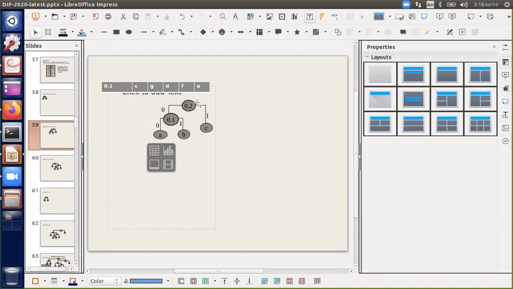Now we have merged the tree containing AB with C, with a root node of 0.2.